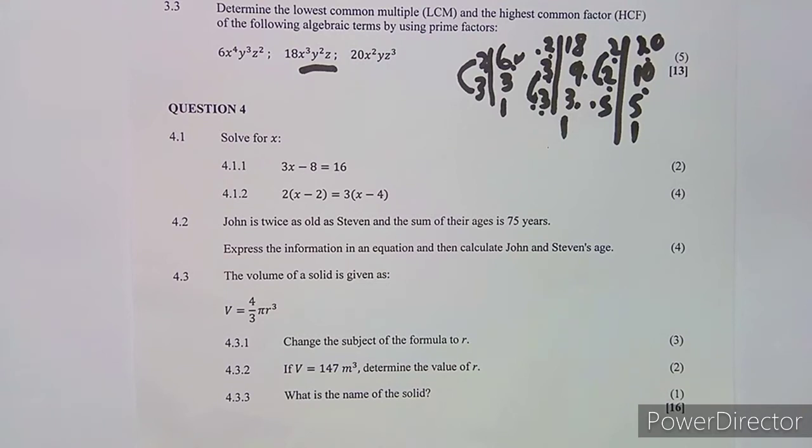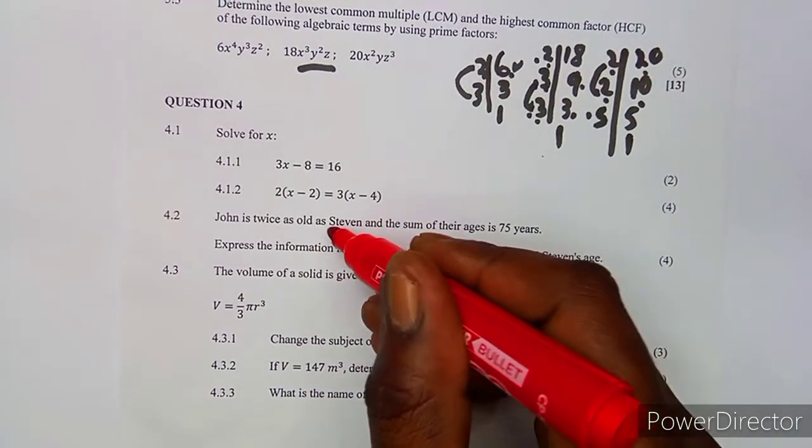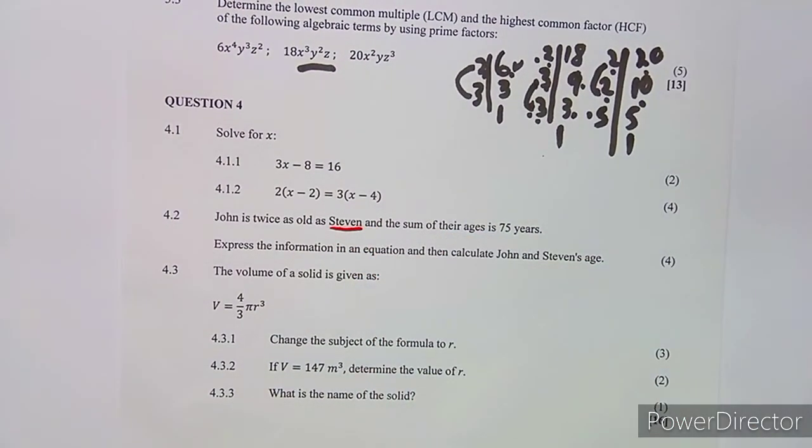John is twice as old as Stephen, and the sum of their ages is 75. Express this information in an equation, then calculate John and Stephen's ages. All right. The question says John is twice as old as Stephen, which means where we can obtain information is from Stephen, because John is related to Stephen.